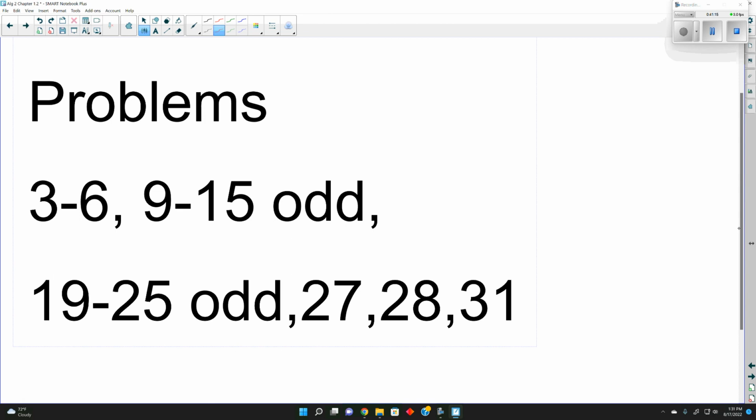Yep, and same with 9 through 15. So 9, 11, 13, 15. Because if it says odd, we're only doing odd. If it says even, you're only doing even for those set numbers. So you're doing 3 through 6, all of them. 9 through 15 odd, 19 through 25 odd, 27, 28, and 31.